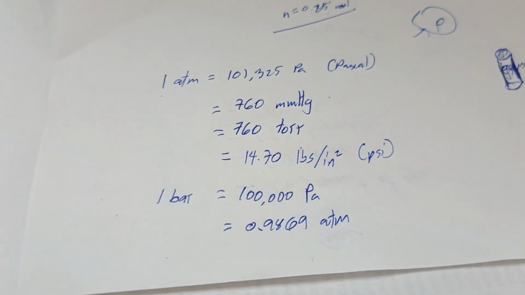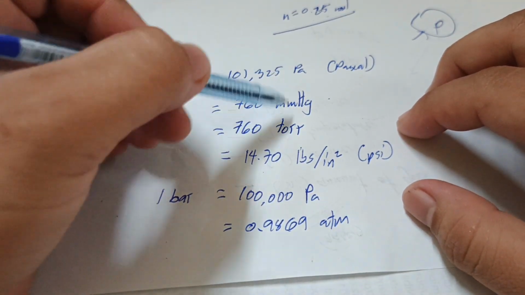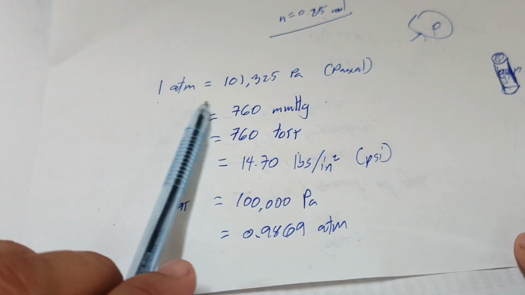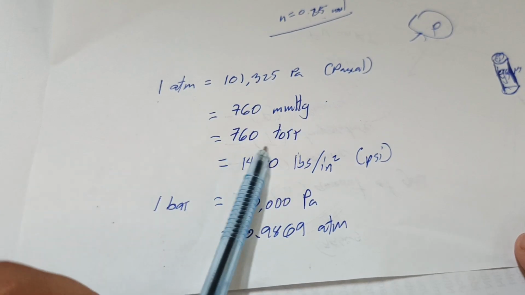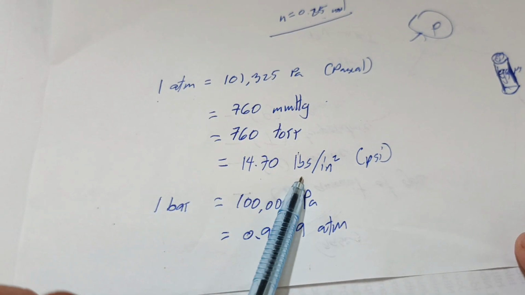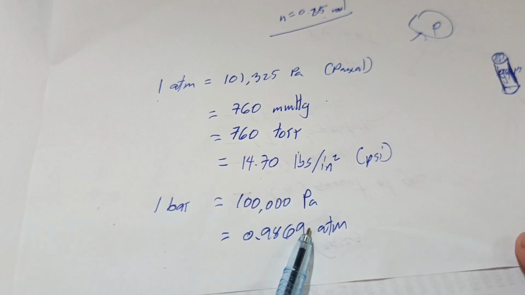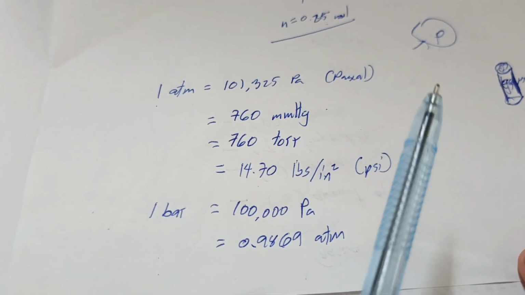So here are our units for converting pressures of different units. So we have your atm equivalency into Pascal, millimeter mercury, torr, and psi. Then you have here the bar equivalent to 100,000 Pascal, equivalent to 0.9869 atm.